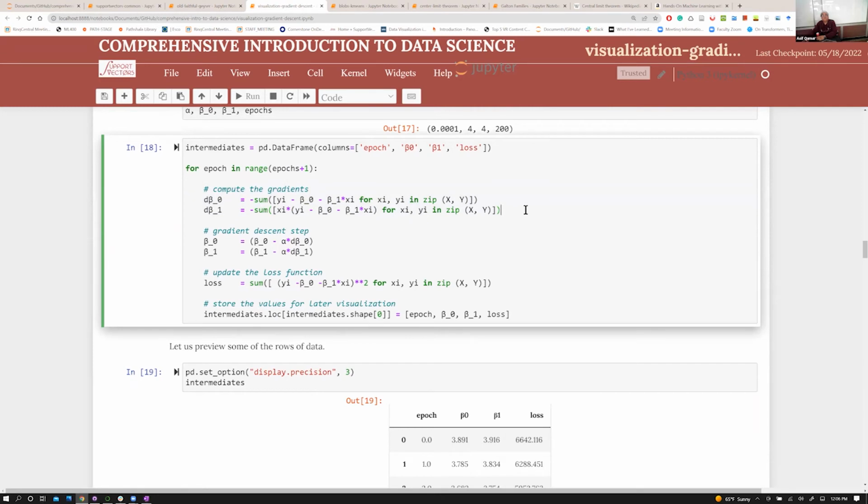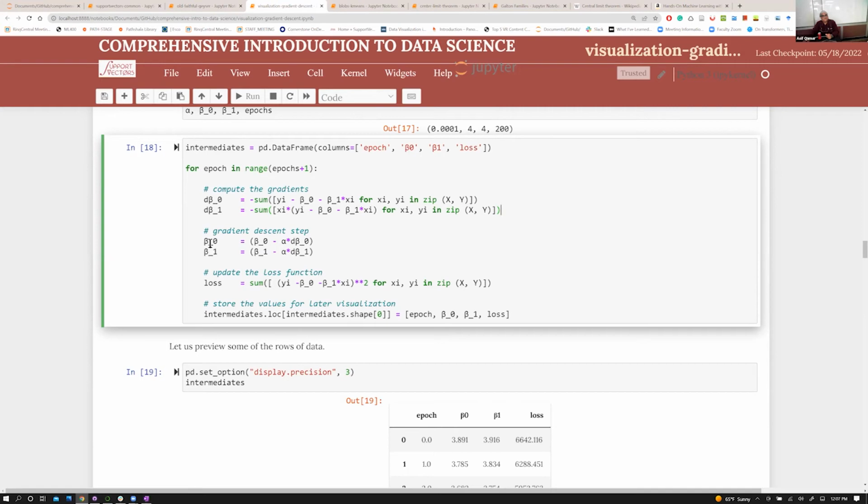Remember, given an error surface in the hypothesis space, where hypothesis space is the space of beta naught, beta 1, you take any one point, there'll be a gradient. You just have to find the gradient. Gradient is derivative along the one axis and then along another axis. You take the gradients, then using the gradients, you can take the step.